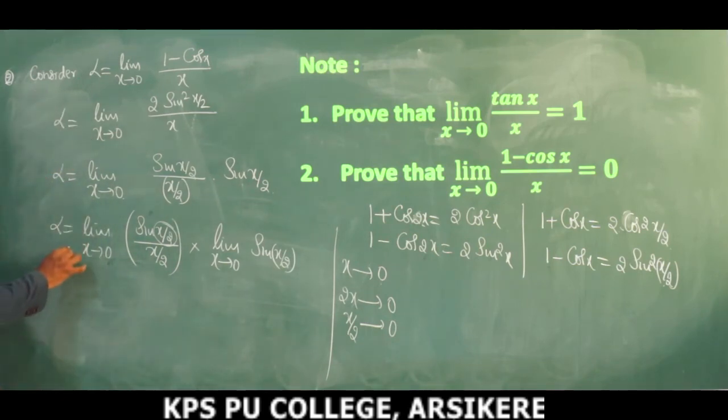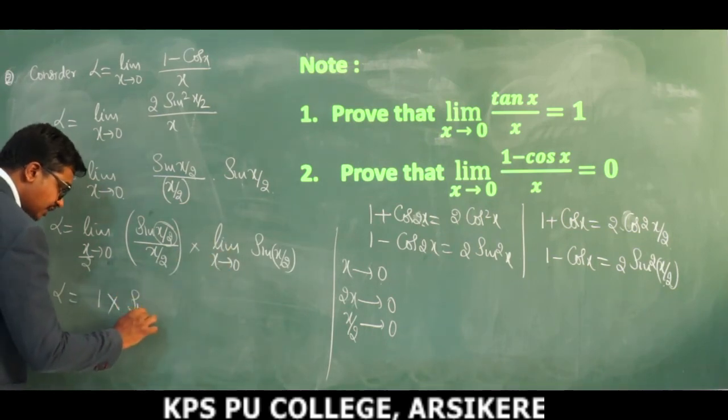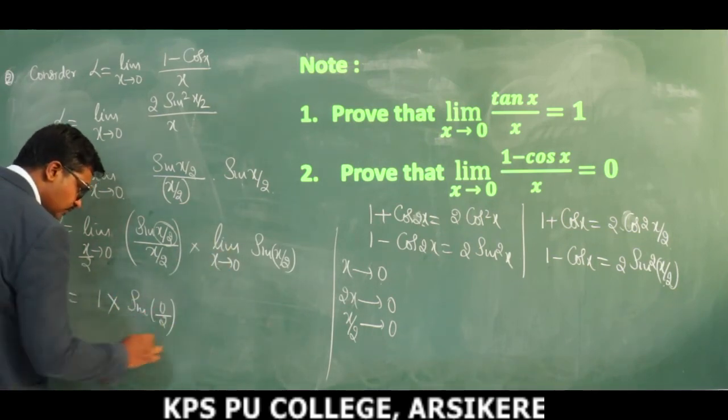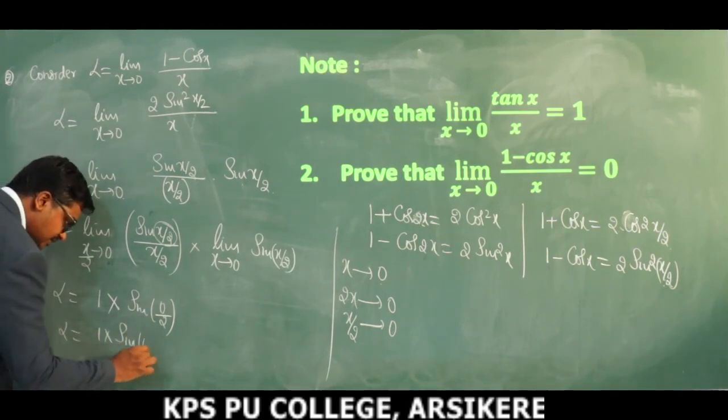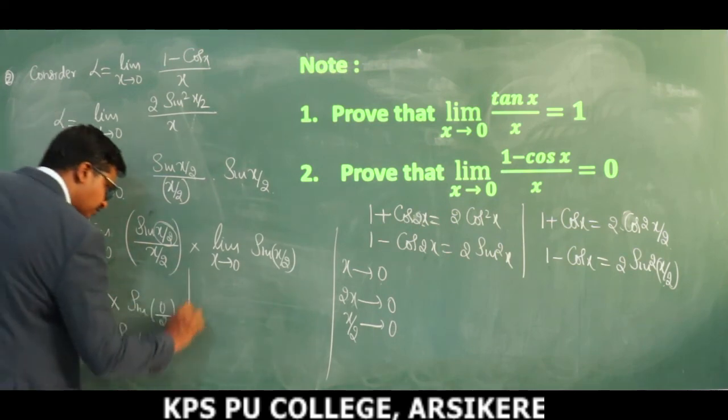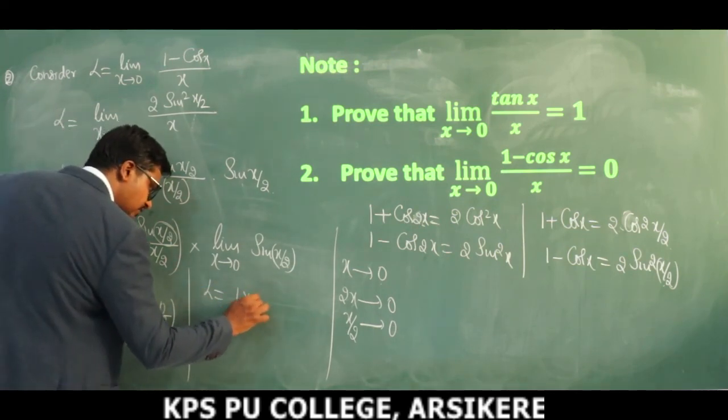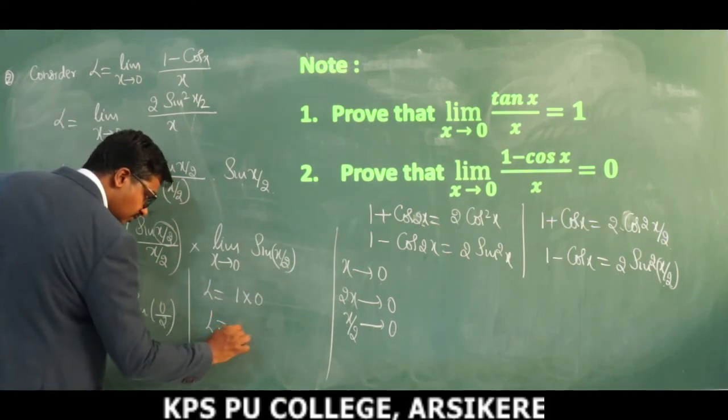So therefore, x tends to 0 and x by 2 tends to 0 can be written. Okay, this value becomes L is equal to 1 into, apply the limit for this one, sin of 0 divided by 2. L is equal to 1 into sin 0. Therefore L is equal to 0, since sin 0 is 0.